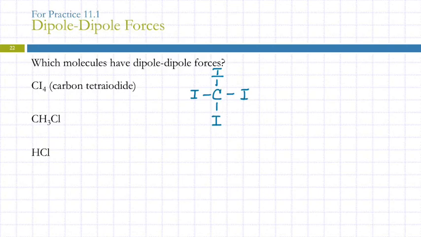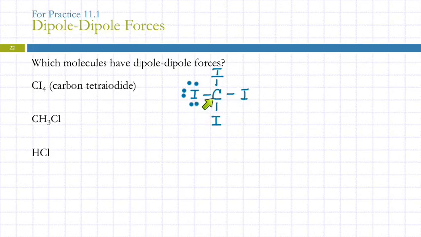And if you go ahead and count all the valence electrons and everything, you're going to have octets around each of the iodines. I'm not going to do all of them. Are you going to end up with any lone pairs on the carbon? No. Carbon likes to form 4 bonds. And have we ever seen carbon with lone pairs? No, we don't see that in this class. So carbon's going to make 4 bonds.